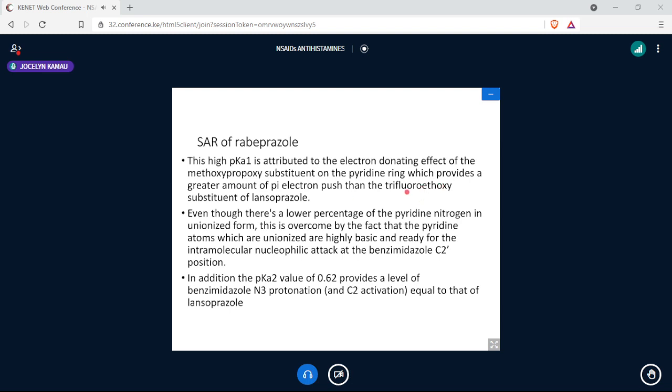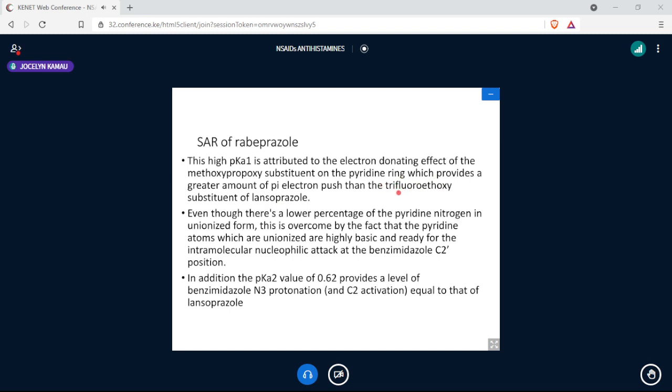You see, that one already has fluorine, which reduces the availability of electrons. So the methoxypropoxy substituent is conducive enough to give a very high concentration of electrons, compared, of course, to the trifluoro.